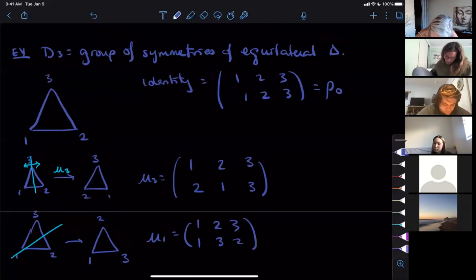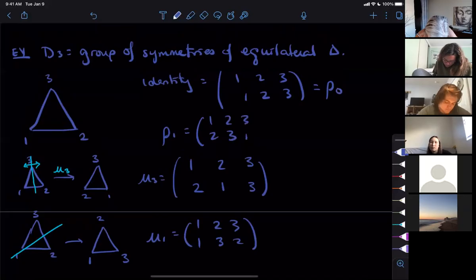Let's look at this rho 1. Rho 1 sent 1 to 2, 2 to 3, and 3 to 1. What kind of action is that? Rotating. Yeah, it's rotation. So rho is for rotate. So that's rotating one third of the way around, rotate 2/3 of the way around. That's what these are.